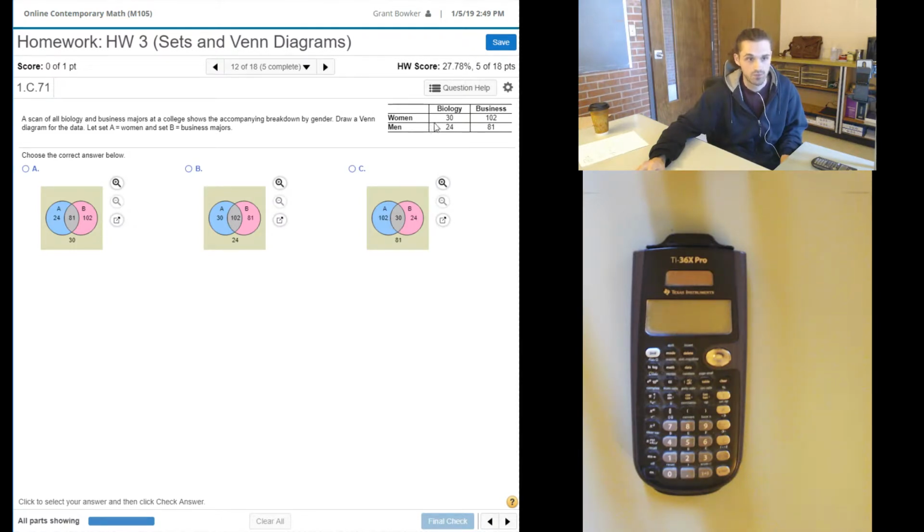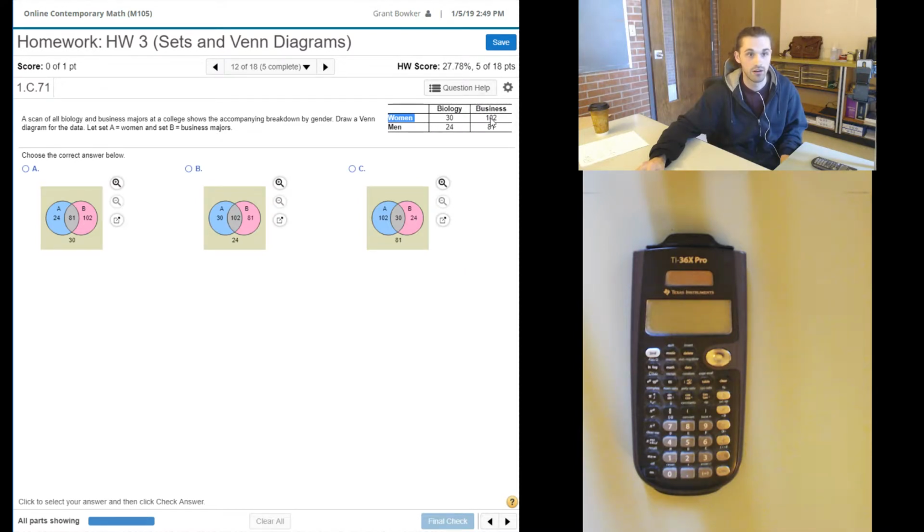So the thing to keep in mind would be this overlap here. We want to look at the overlap between women and business majors. Well, our top row here is women. Our second column here is business majors. So this entry of 102 is representing the overlap.